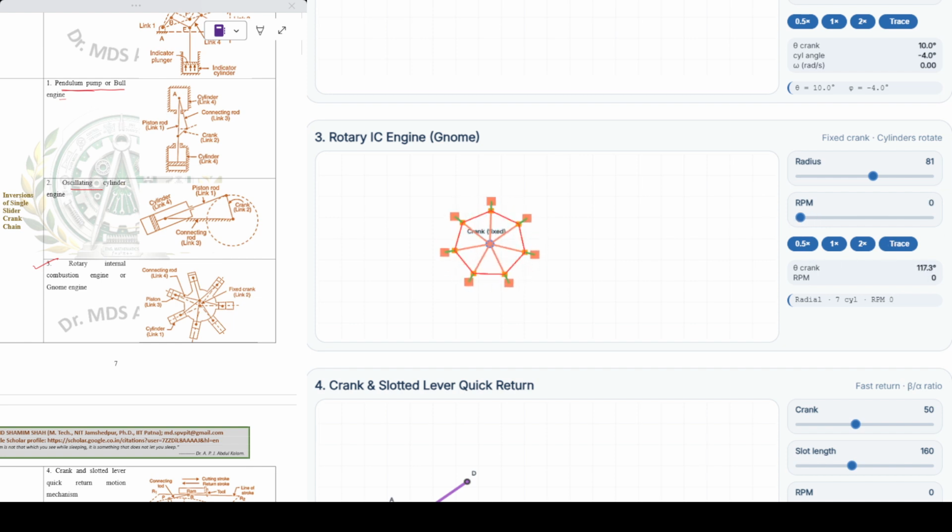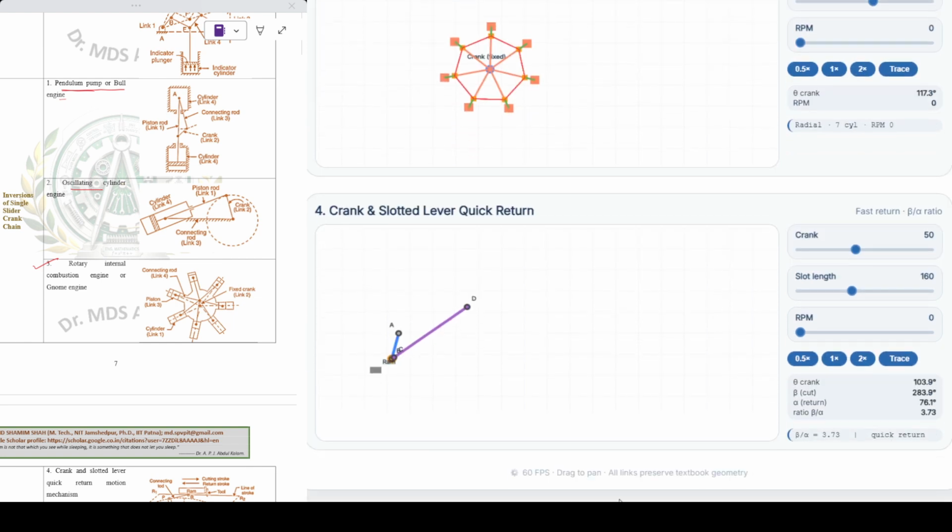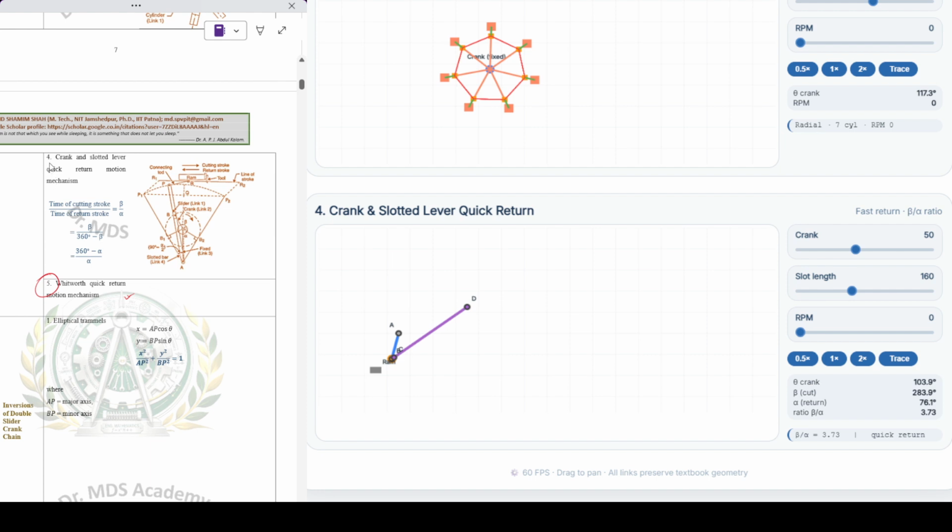Make it pause here. Now last I am going to show you how we can understand the crank and slotted lever, which is generally used in the return mechanism, and you will find here. See what is the crank here. This is the crank. Just make it stop here.